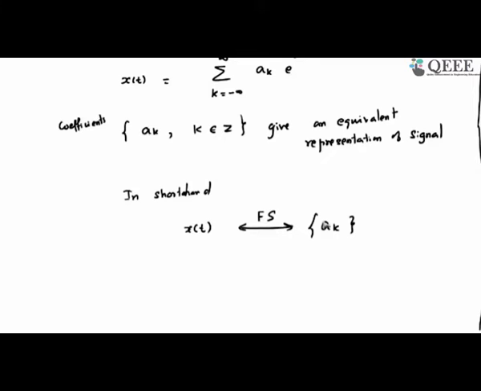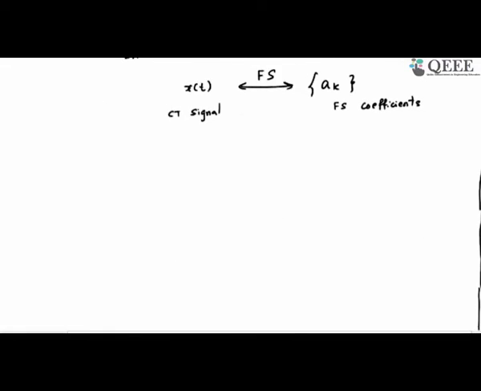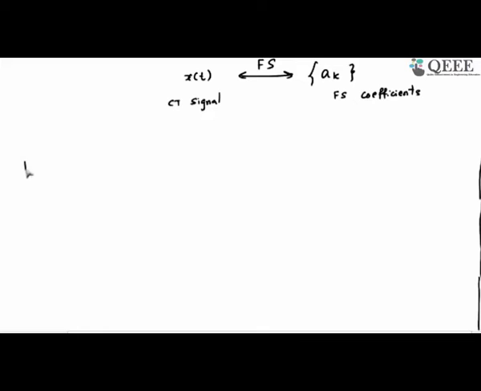This is my shorthand notation: this is the continuous time signal, and this is the set of Fourier series coefficients. They are equivalent representations of the same thing. Okay, so now let us look at the property.